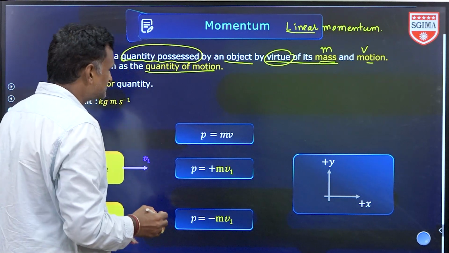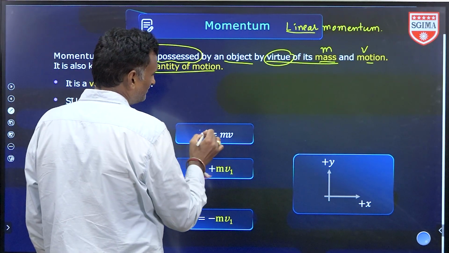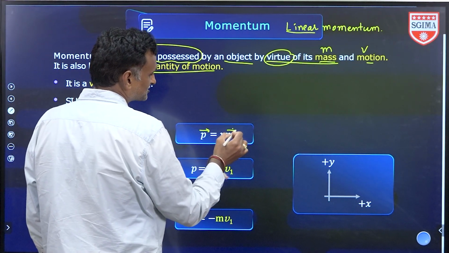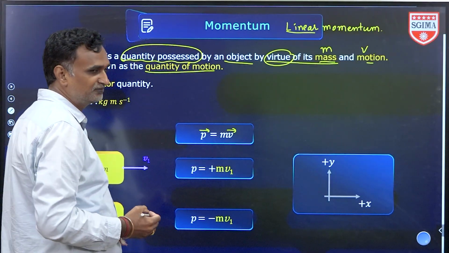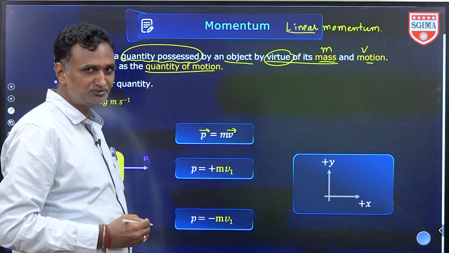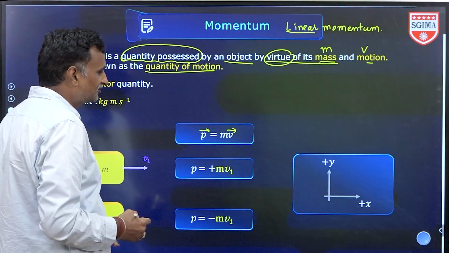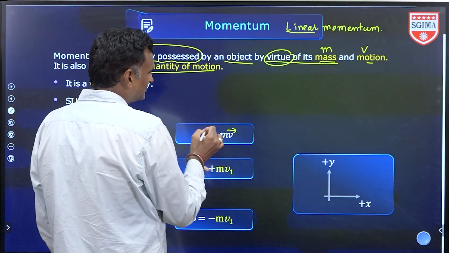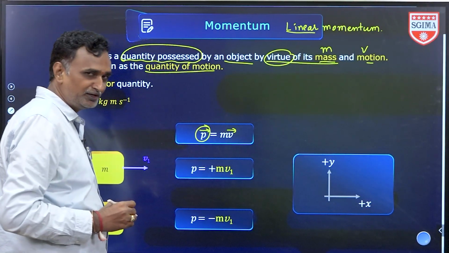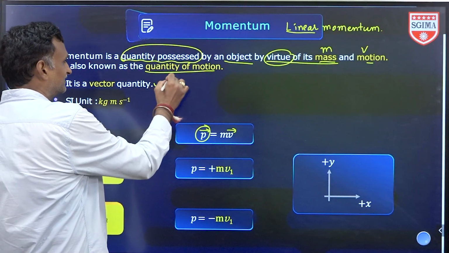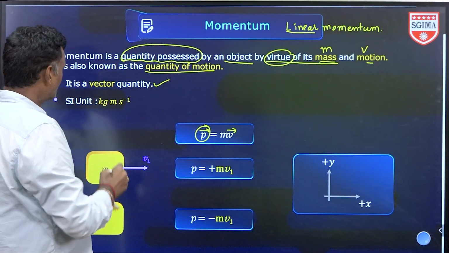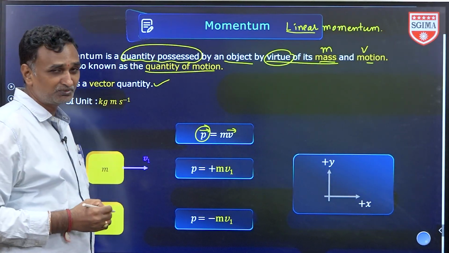It is indicated with the letter P, and P equals mv. We call P equals mv the momentum equation, and since velocity is a vector, linear momentum is also a vector quantity. Its unit is kg meter per second.